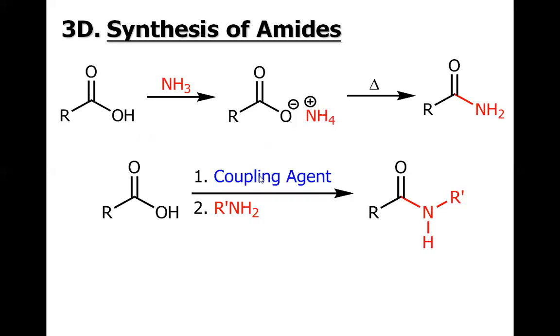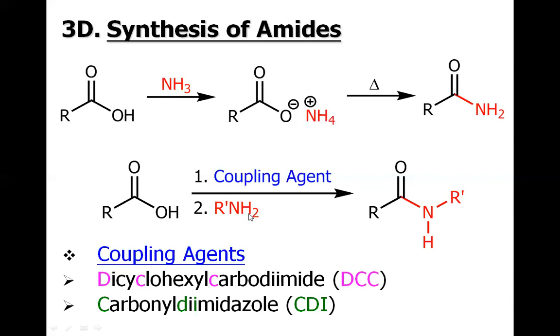A coupling agent is something that couples with this hydroxy, in fact the oxygen of the hydroxy, and then this hydroxy becomes a good leaving group. And then when the nucleophile, amine or whatever, attacks this carbonyl carbon, we may have this group substituted with the amine.